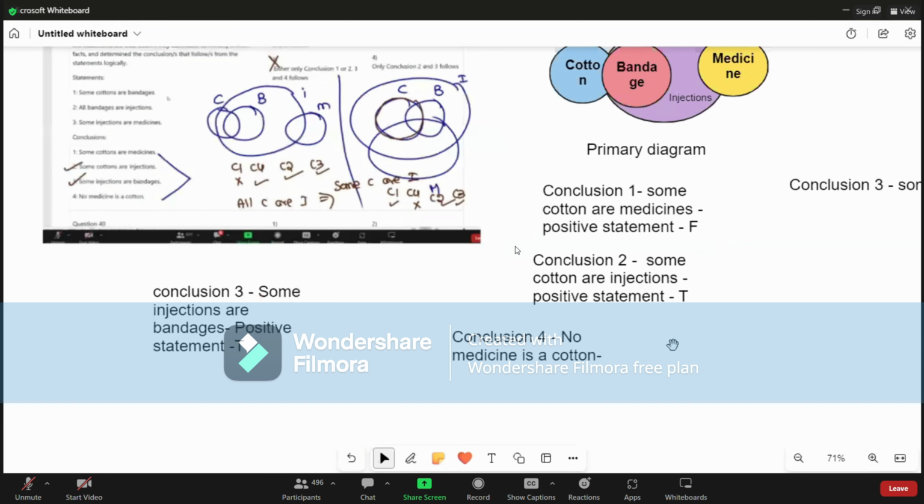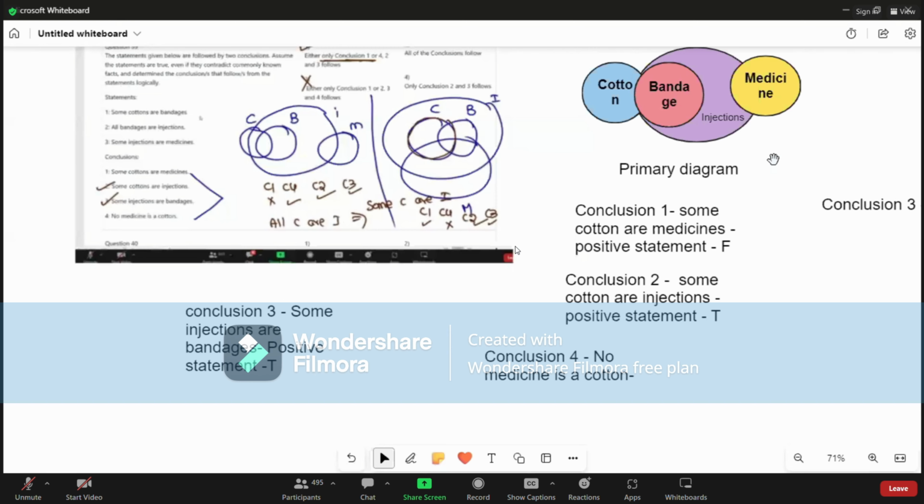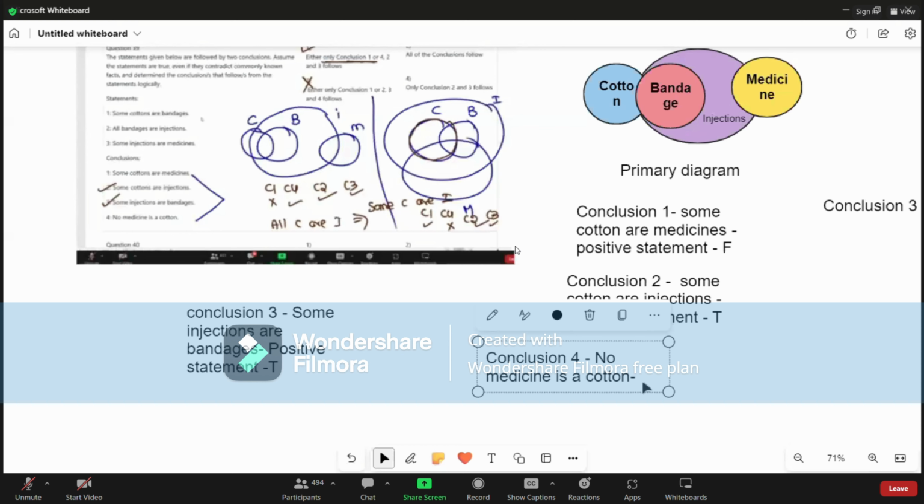Now this is cotton, both of them. So this is true based on the primary diagram. But from the flowchart, we know that this is a negative statement. Okay, so what do we do? We check the contradictory or opposite statement.